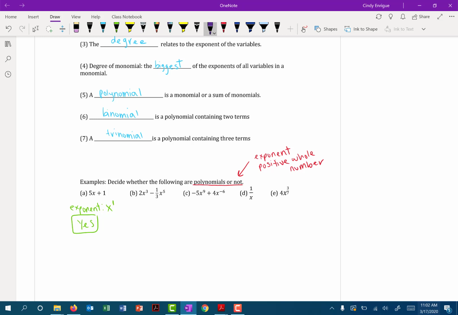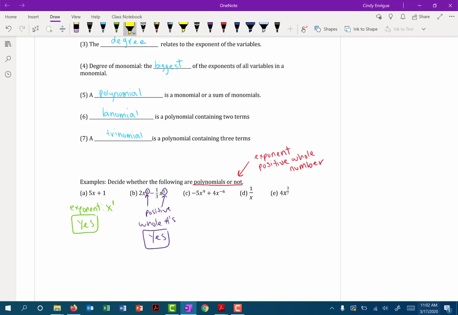For the next one, let's look at our exponents. The exponent is 3 and the exponent is 5. Those are positive and whole numbers. Therefore, yes, it is a polynomial. Now let's look at something else here.